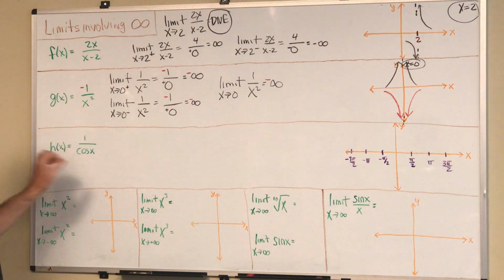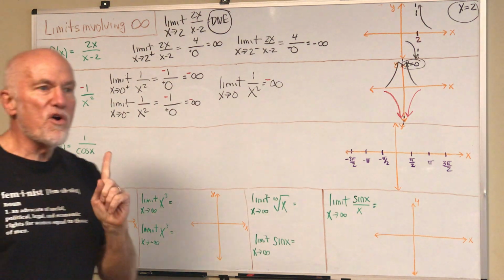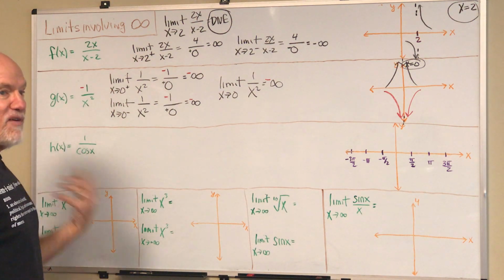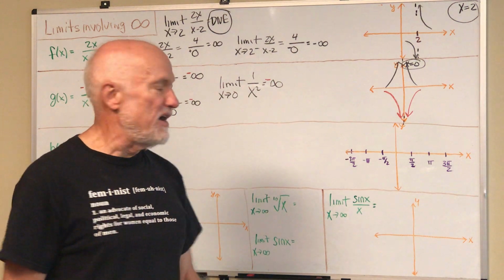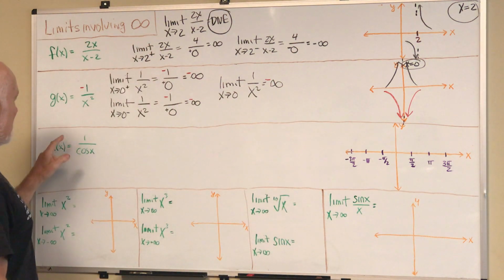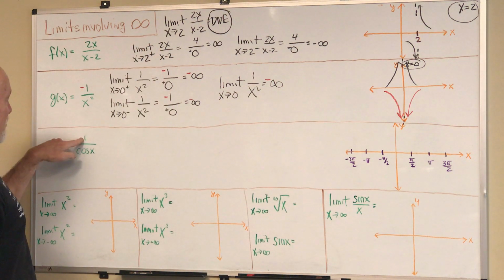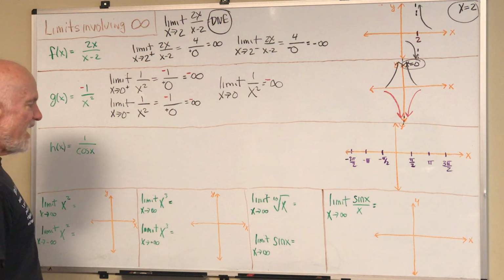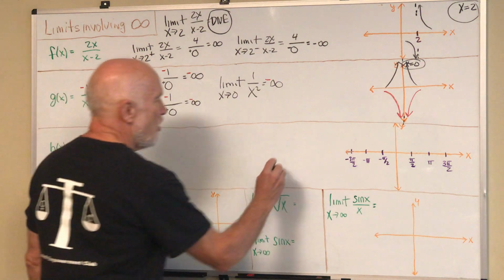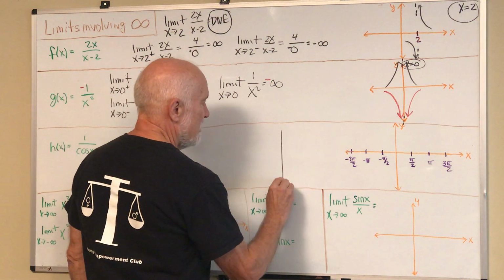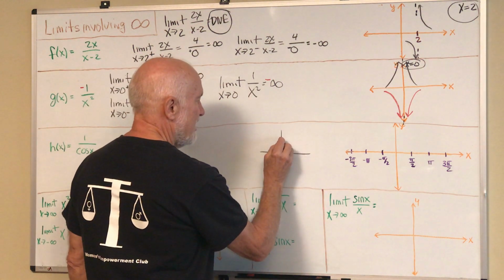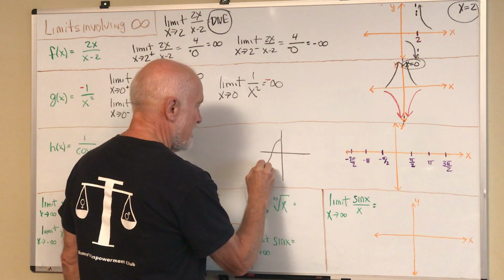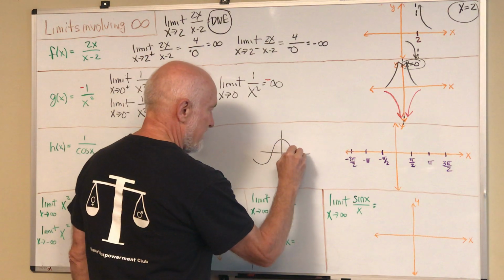Okay, how about if we take one more example like this? The function 1 over the cosine of x. Get a trigonometric function involved. So we see the numerator is continuous everywhere, but what does the cosine of x look like? That starts at 1, goes like this.